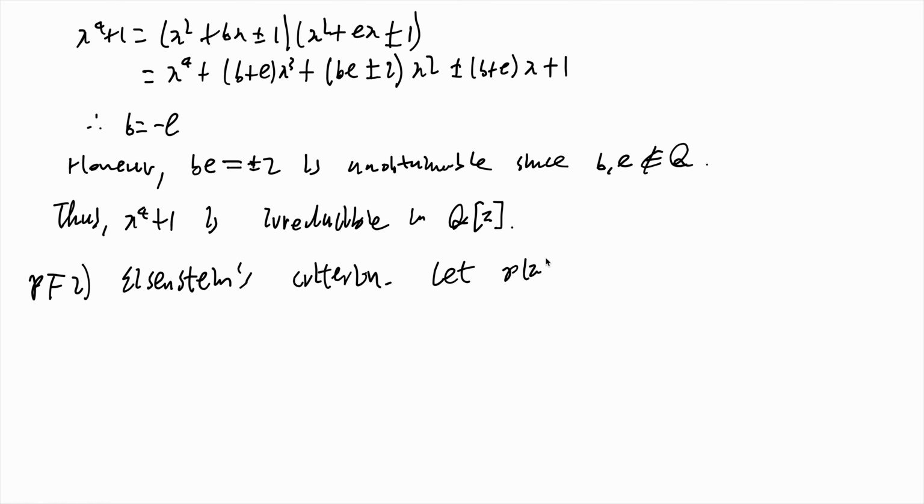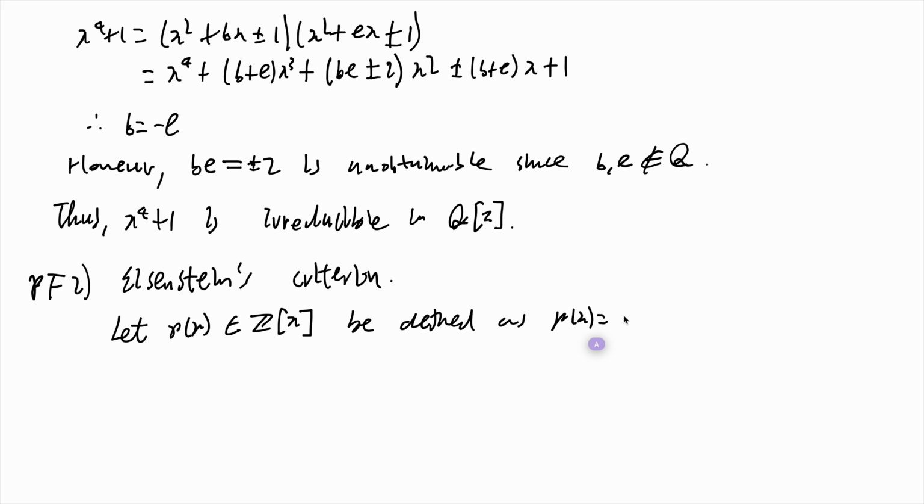So I'm going to explain what this is quickly. Let a polynomial with integer coefficients be defined as a sub n x to the n plus a sub n minus 1 x to the n minus 1 plus ... plus a sub 1 x plus a sub 0.